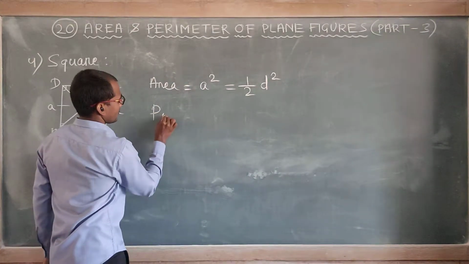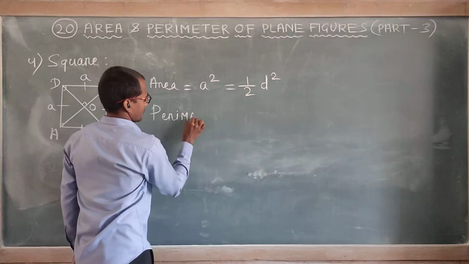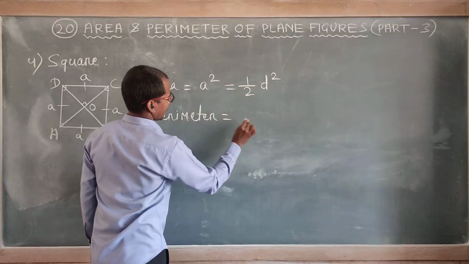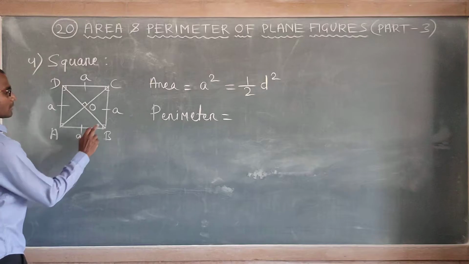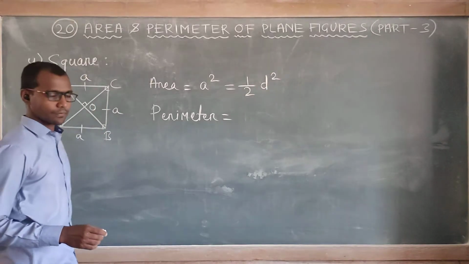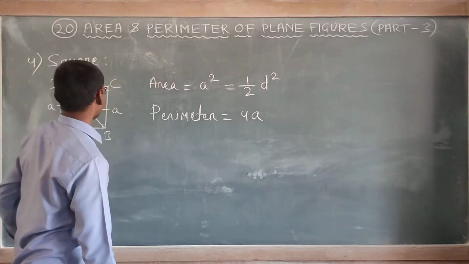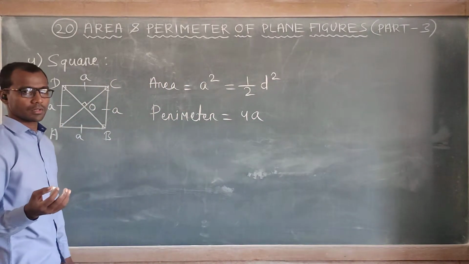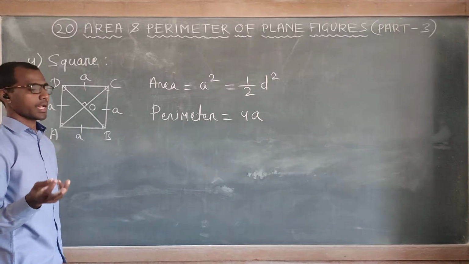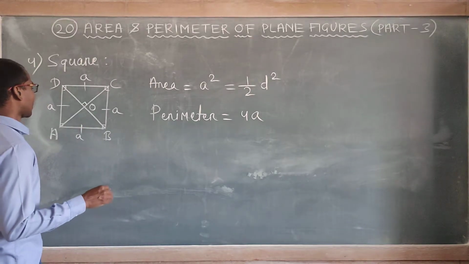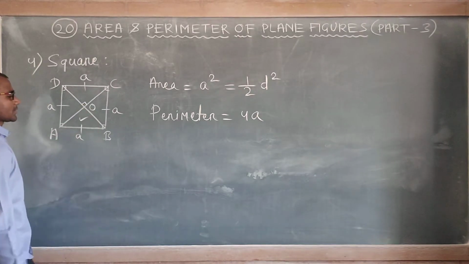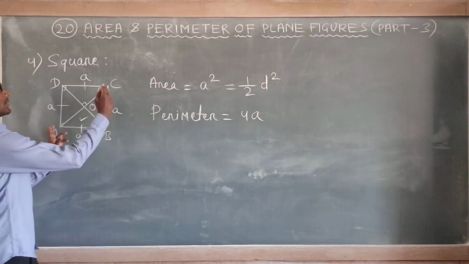Then perimeter. Perimeter is equal to a plus a plus a plus a, that is 4a. Now let us find the relation among the diagonals and the side. Suppose let us take this triangle AOB.